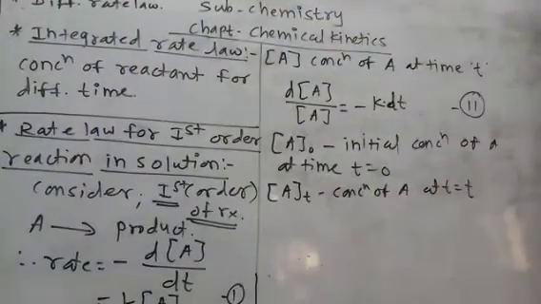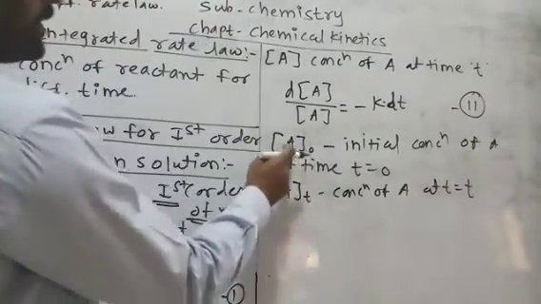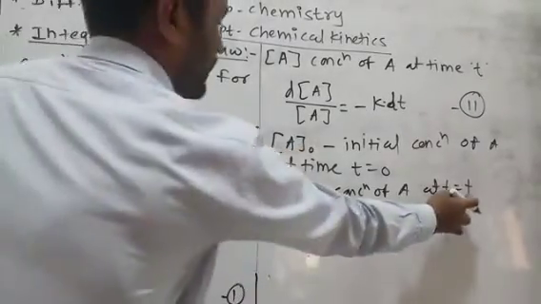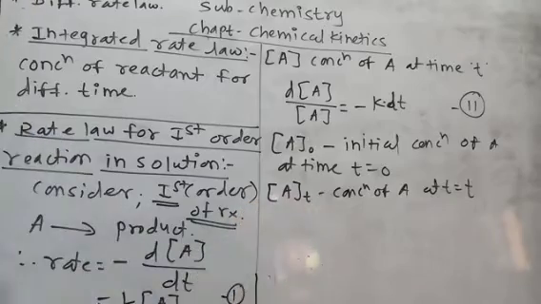We consider that the times are different. For different times there is a different concentration of A. For the initial time the concentration of A becomes A0, and for time t the concentration of A becomes At.